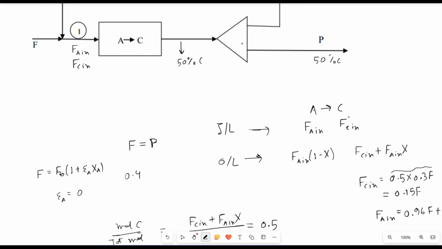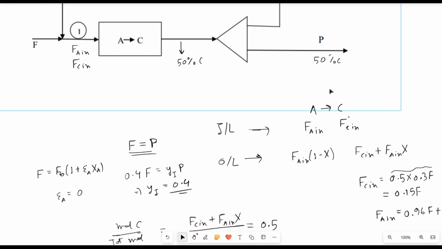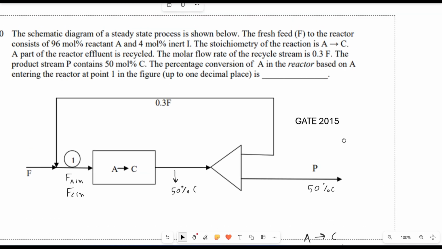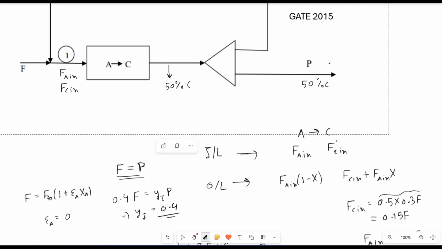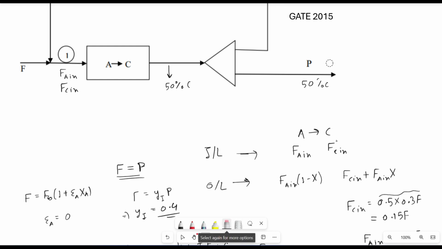Because 0.04 F is equal to Y inert times the product, and F is equal to P from this relation, Y inert is 0.04, so 4 mole percent.